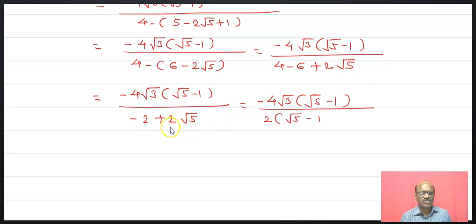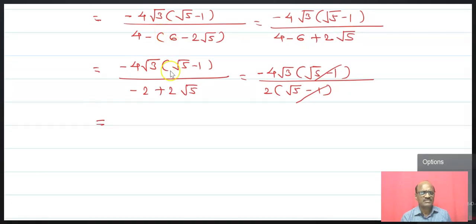Now from the denominator, take 2 as common. If we take 2 as common, then in the bracket you will get root 5 minus 1, and the root 5 minus 1 in the numerator and denominator get cancelled. These two terms will get cancelled. Now see this again.